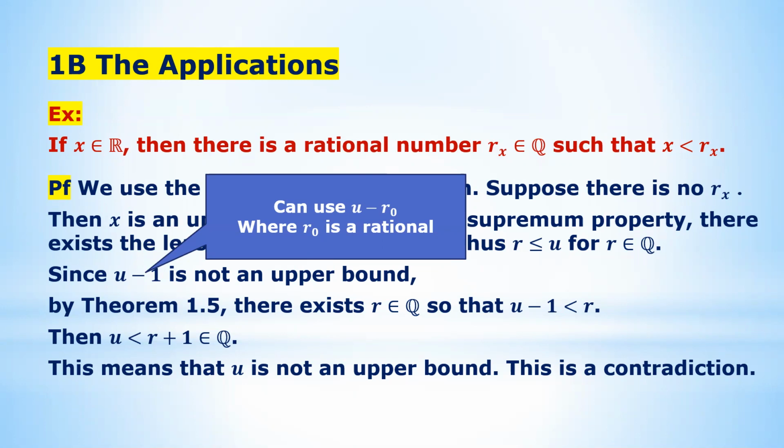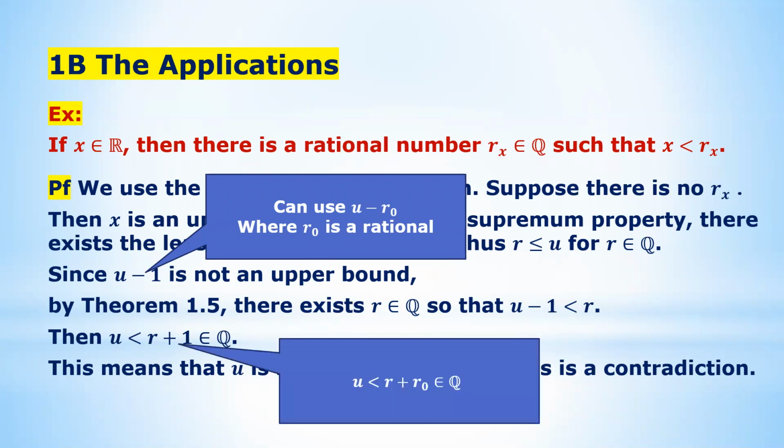Why? Because if you do that, you still will get a contradiction, because in the final step, you will have u less than r plus r naught. Now, r is a rational number, r naught is a rational number, so the sum is a rational number. Then you still get the contradiction.